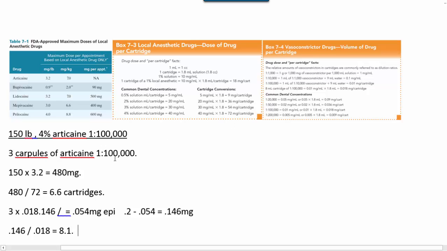So the limiting factor for this patient is going to be the anesthetic drug itself, articaine, because they can only have 6.6 cartridges of articaine, but they can have 8.1 more cartridges of epinephrine, so you're going to go by the lesser number, the 6.6 cartridges.